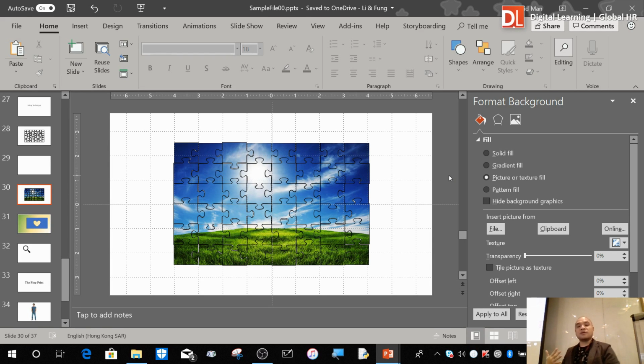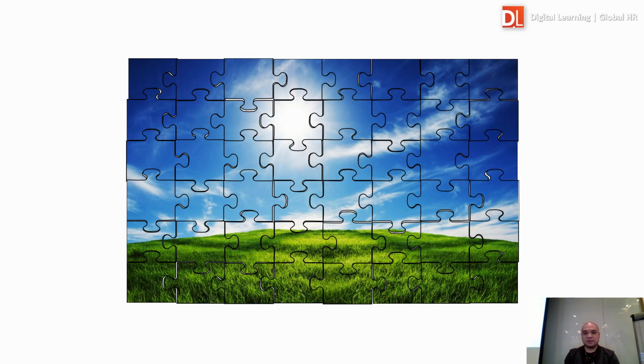What we are going to do is put a shade on top of the white shade, then make it transparent, then you can see through the white paper, and suddenly the puzzle appears over there. So at this moment, if I play this slide, what happened? It will show you a set of puzzles, which is the image that we put as the background of the slide.